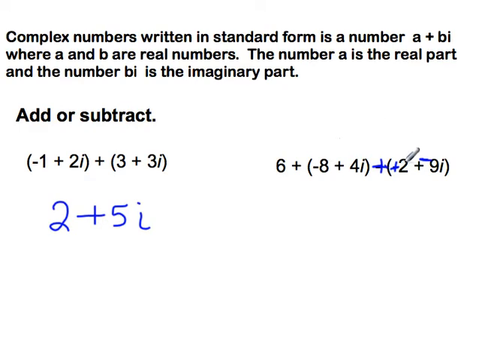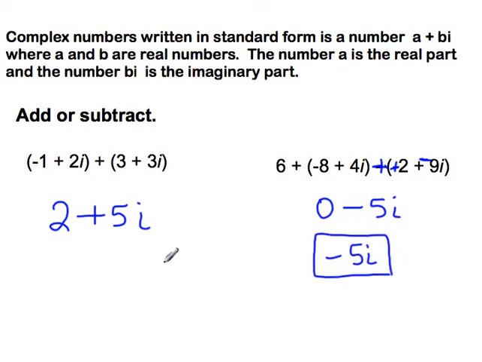Plus 2 is 0. So I actually have 0 for the real part. Now we combine the imaginaries. 4i plus -9i is -5i. You can also write this as -5i. That is still written as a complex number. It's just that the real part is 0.